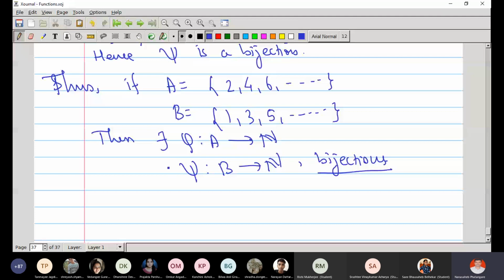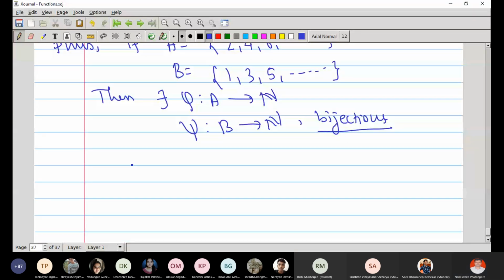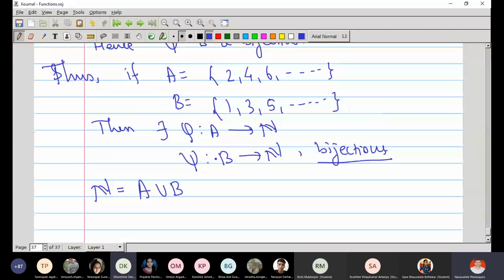So what is the current situation? Natural numbers: can I say that the set of natural numbers is the union of A and B? Yes, sir.